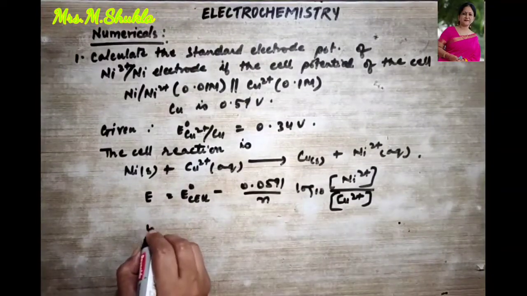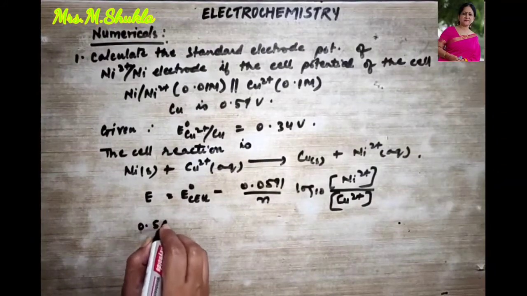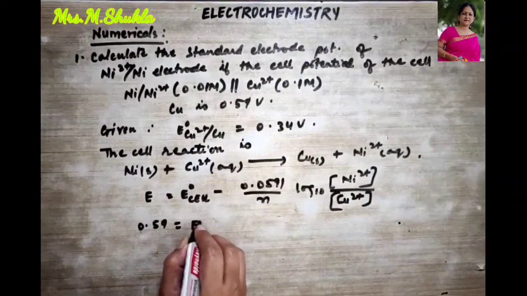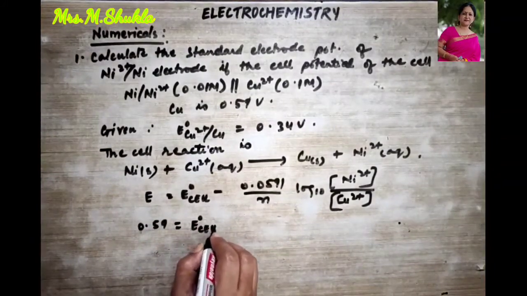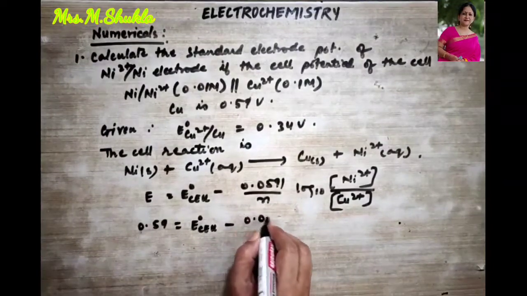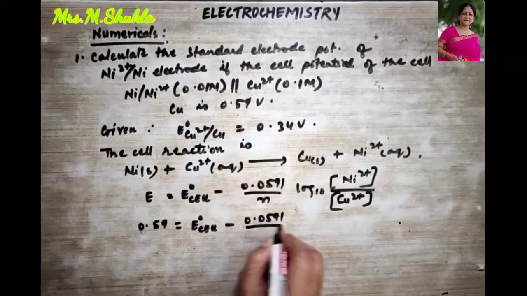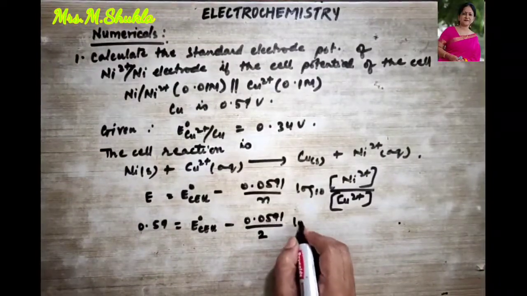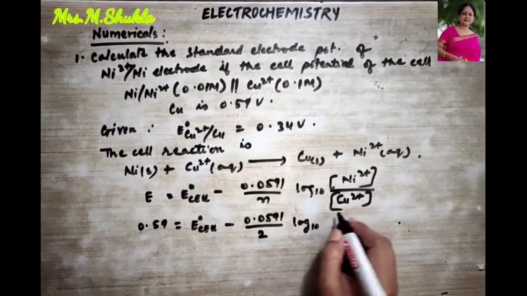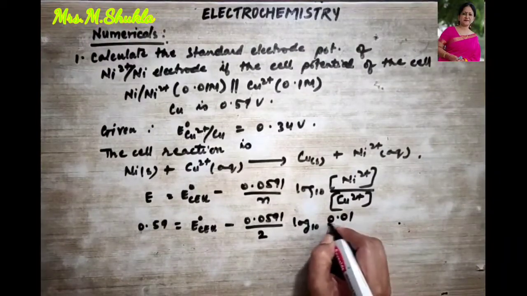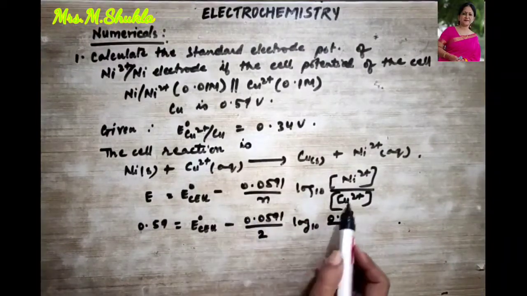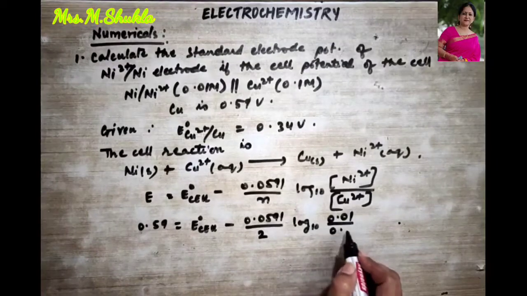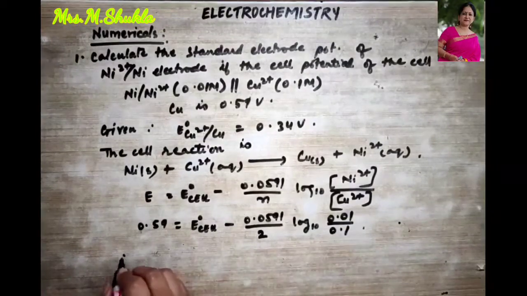So 0.59 is equal to E naught cell minus 0.0591 upon the number of electrons, how many? 2, log to the base 10, 0.01 upon what is the concentration of copper ion given? 0.1, right?